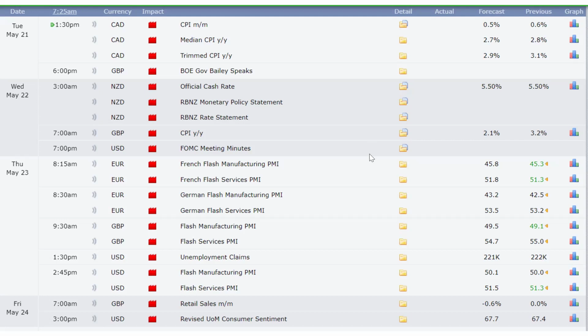All through Thursday, we'll see a lot of PMI data affecting Euro and GBP, and also the US. And on Friday, we'll see retail sales data affecting the Great Britain pound, and the University of Michigan consumer sentiment data.